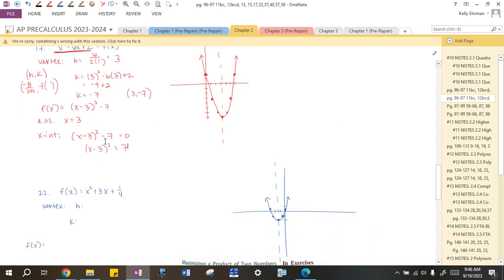You would isolate the squared portion, so add 7 to the right side, square root both sides, which makes this x minus 3 equals plus or minus radical 7. I'm not putting absolute values around x minus 3 because the plus or minus takes care of that. Otherwise, it'd be this. And then you would say x minus 3 could be plus or minus radical 7. Okay, so you don't actually have to write that.